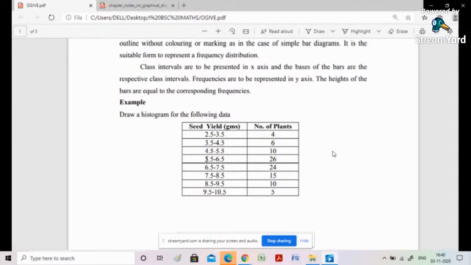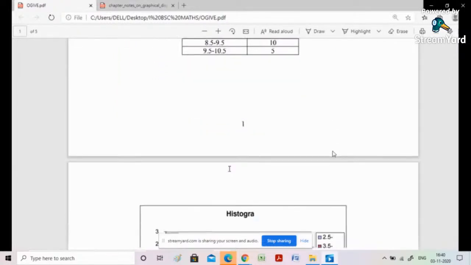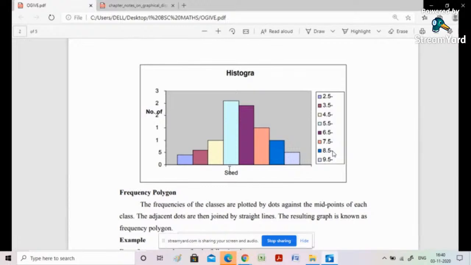So in this yield region, 26 plants are providing yield. Okay, that is the information. So how can we plot a histogram? Just draw the pillars according to the frequency.